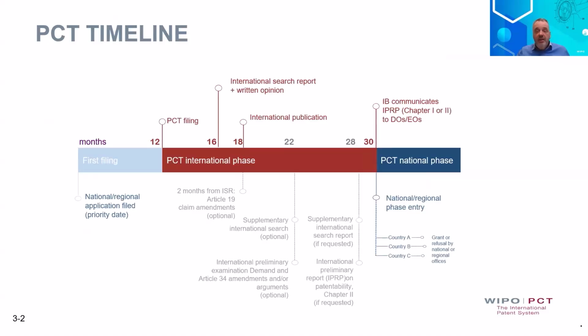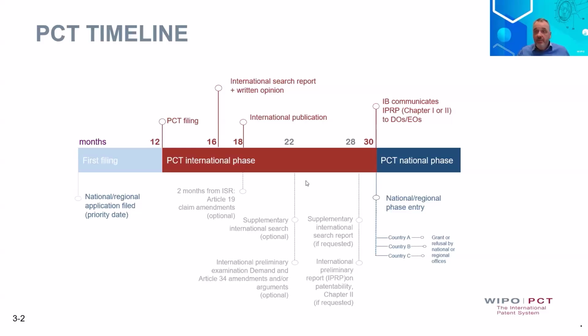That is what we indicate as the time limit for the IPA to issue the International Preliminary Report on Patentability Chapter 2. However, that requires that you have filed your demand in time, so at the latest 22 months, and that you have paid all the fees within the time limit so that the office really had the allocated time to issue the IPRP Chapter 2.